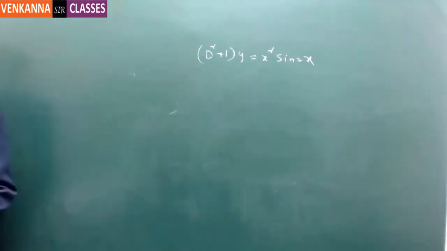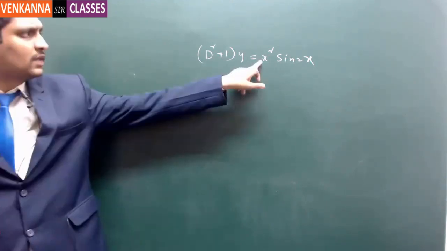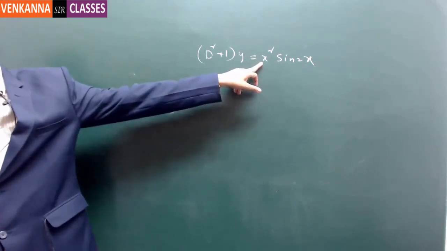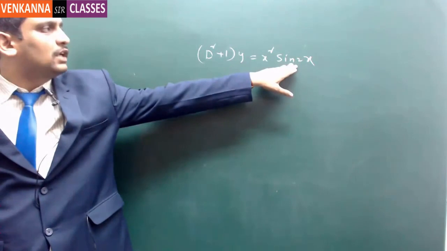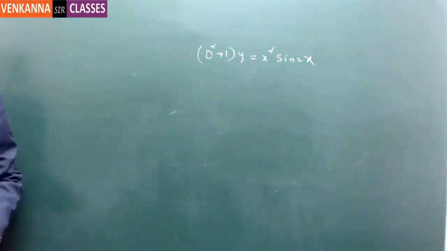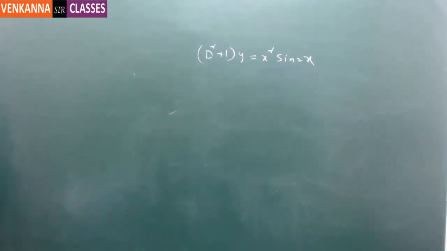So please note down the problem: D square plus 1 of y equal to x square sine 2x. So usually we apply this procedure whenever x contains more than power 1 and the other function in the product is sine or cos. So for those things, we are going to make use of this procedure.